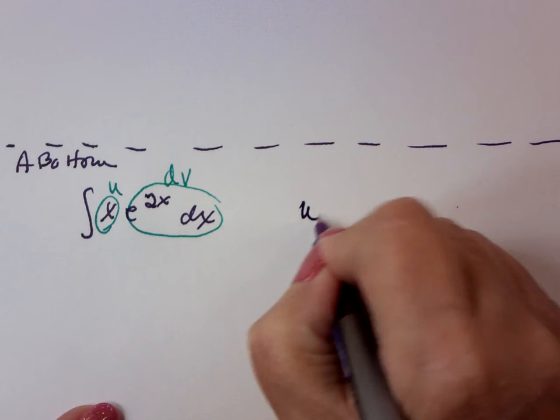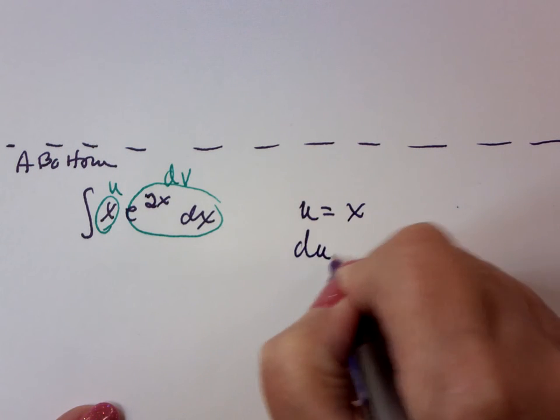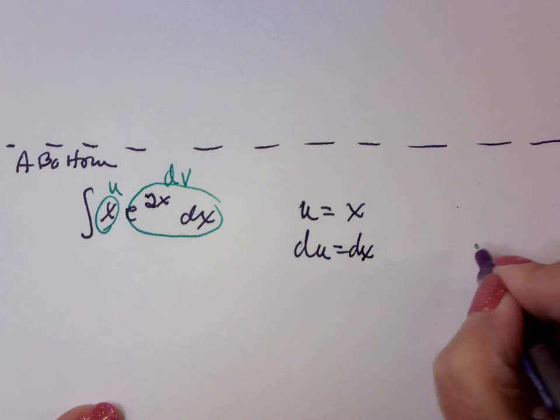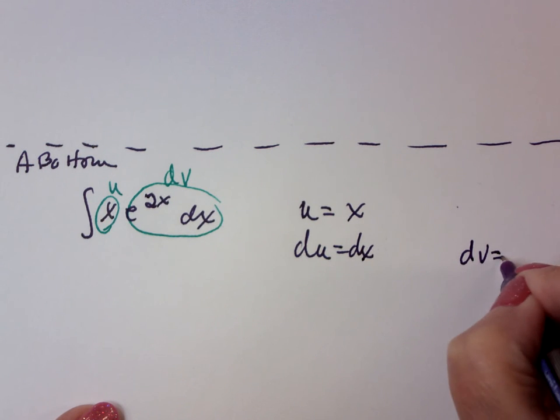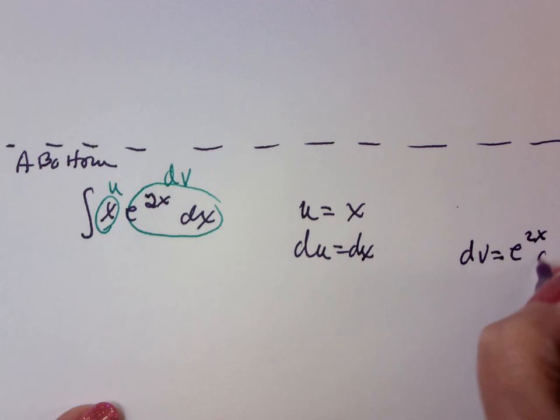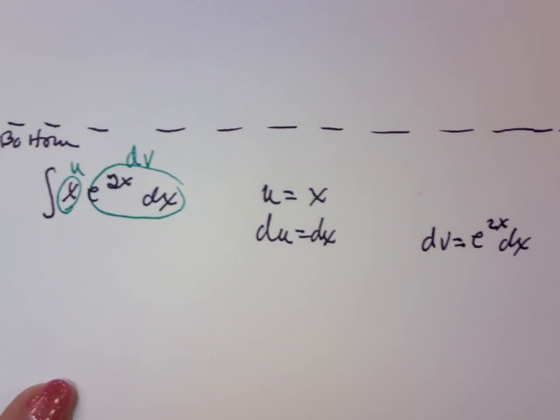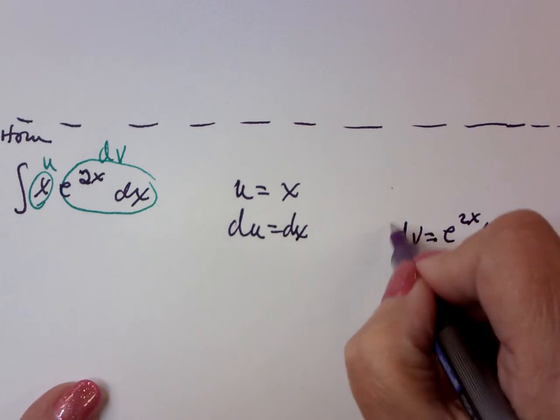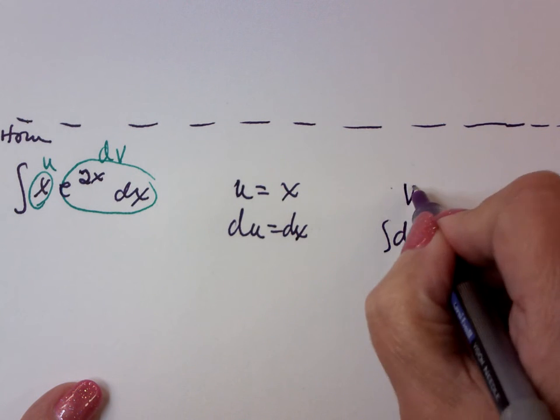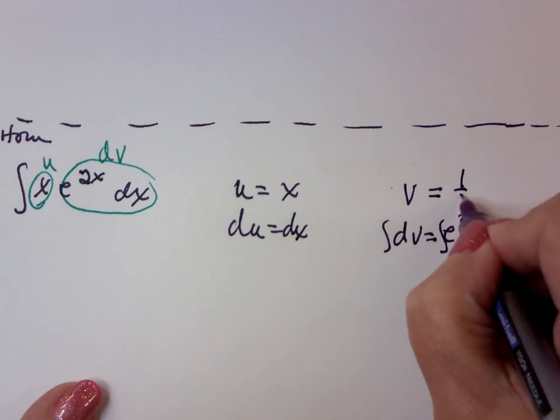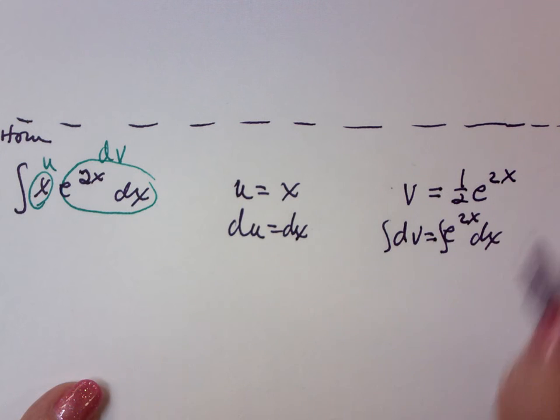So that u is x, du is dx, dv is e to the 2x dx, and integrate both sides so that v is 1/2 e to the 2x.